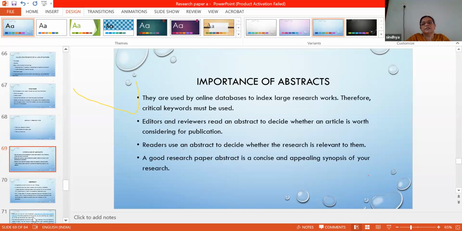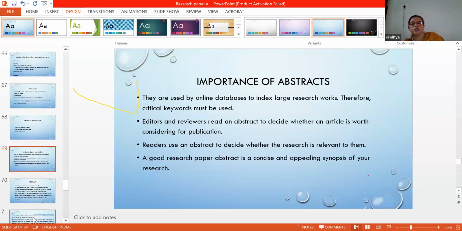When we search Google Scholar or a journal, we can read only the abstract and the keywords, and the full paper may not be available, or in some cases it is paid. So the abstract is more important. When the abstract is genuine and worthwhile, readers will be interested to read the paper further.